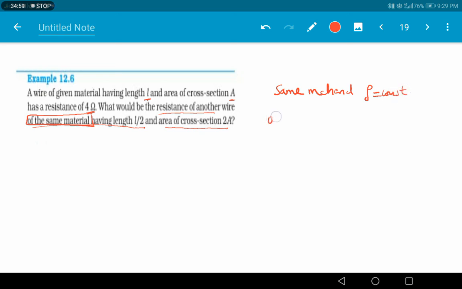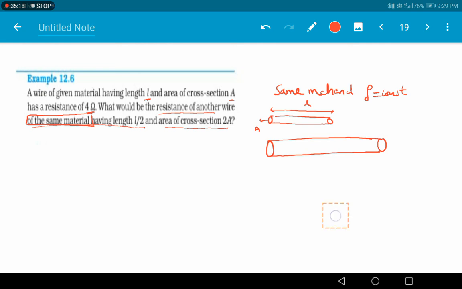But what is different here? The first wire is of length L, area of cross section A. Then what about the second wire? The second wire has length L by 2, so half of it, but the area of cross section is 2A.